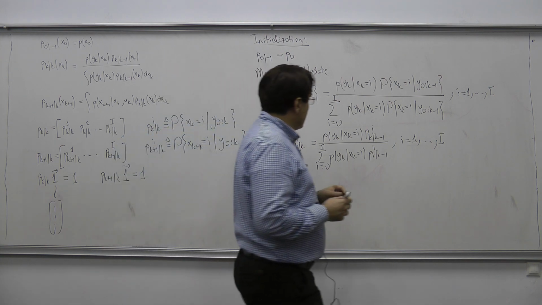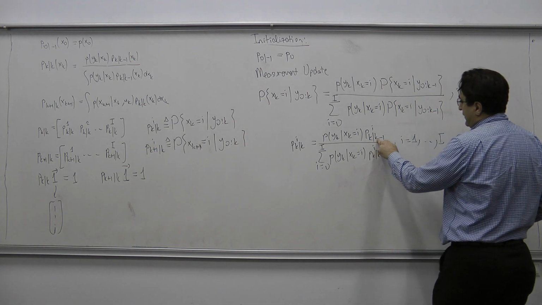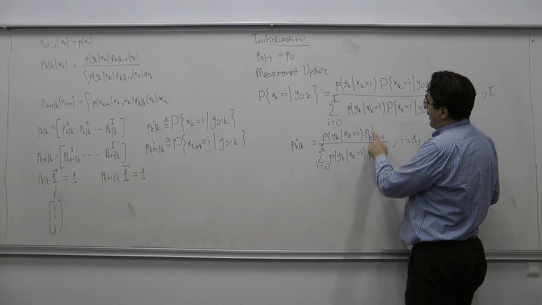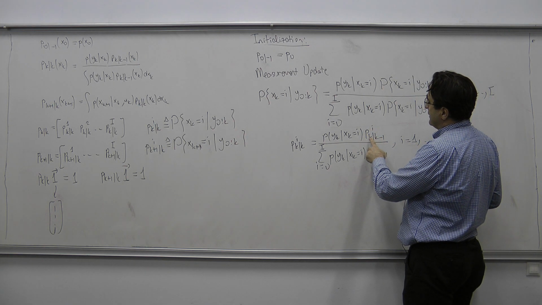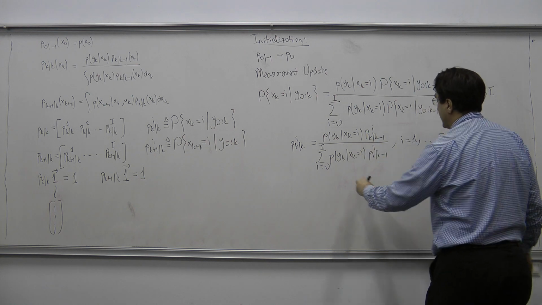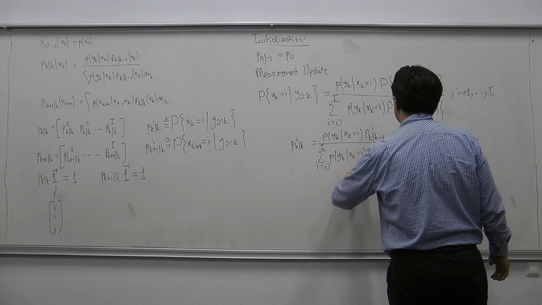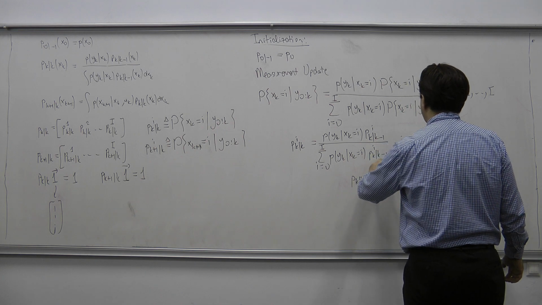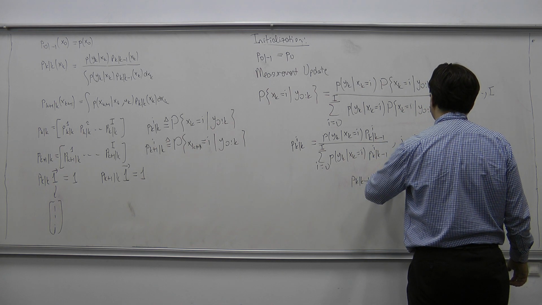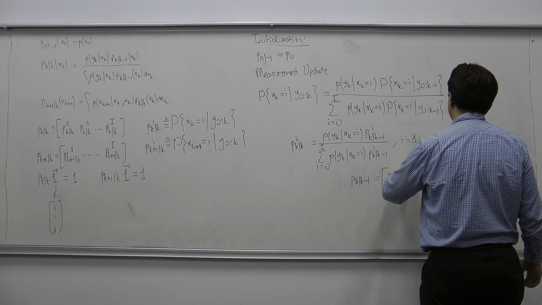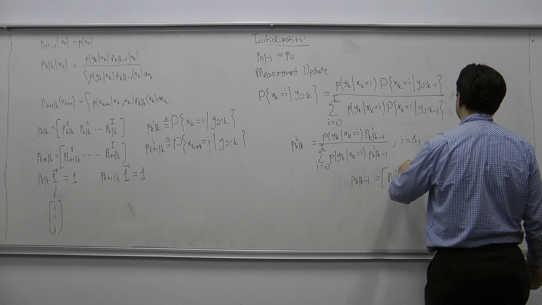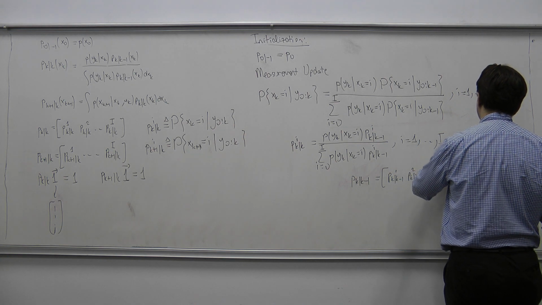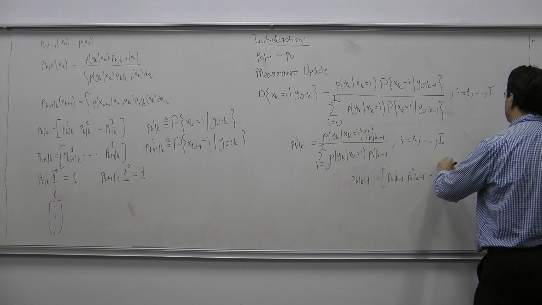Okay? So now this is a vector, and you see that I want to multiply, so I have p(x_k | y_1..y_{k-1}). This is a vector, and I have p(x_k = 1 | y_{k-1}), p(x_k = 2 | y_{k-1}), going until p(x_k = I | y_{k-1}).